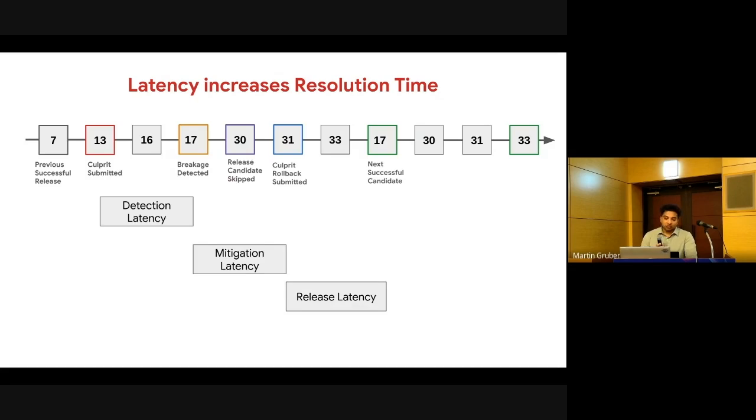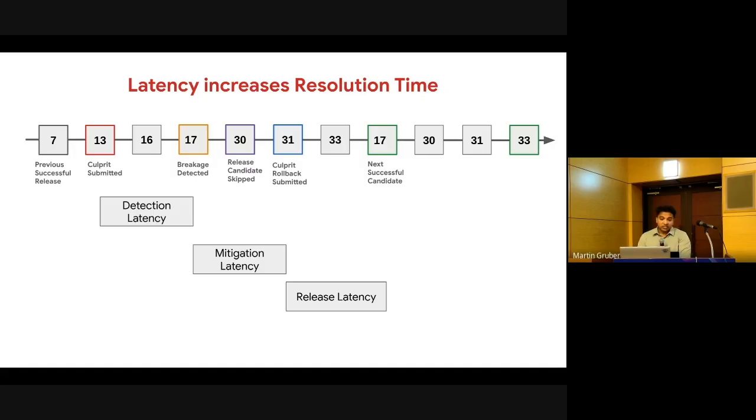This breakage is resolved later at CL31, and this is all just to say, for a breakage, you have a detection latency, how long it took you to find that something was broken in the first place. You have some sort of mitigation latency for how long it took you to actually get to a commit state where you could release. And then you finally have a latency that's introduced by your CI signals and release cadence, which is this release latency.